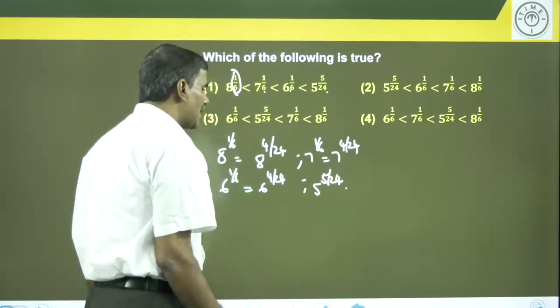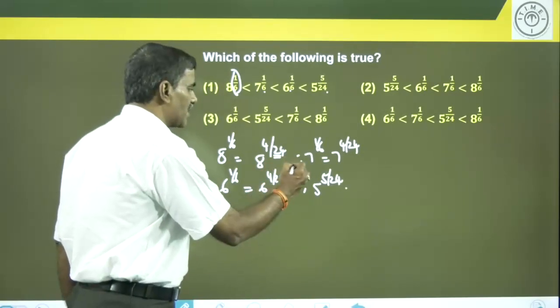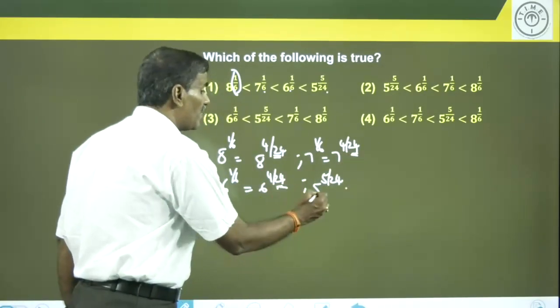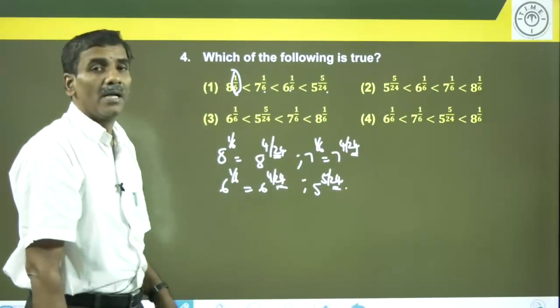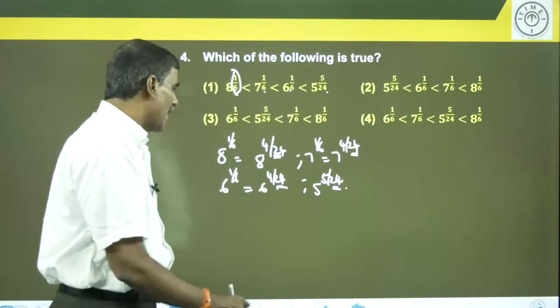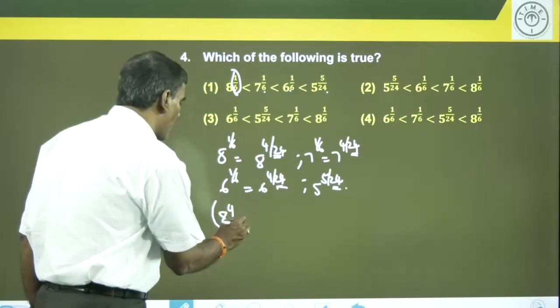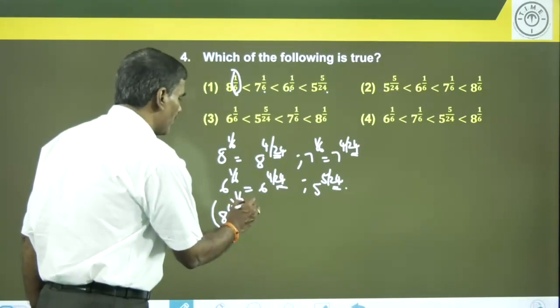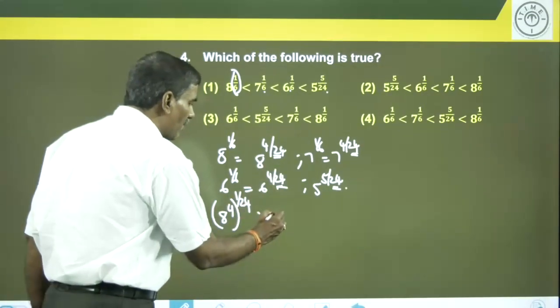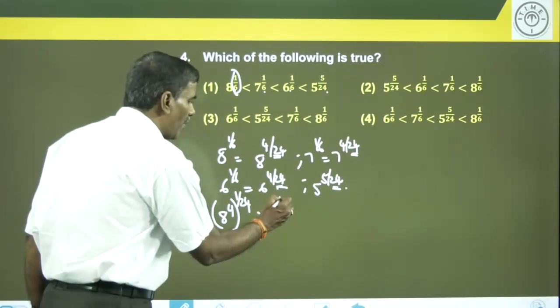Now, in all the cases, the denominators of the fractions will become the same. So we are interested in only considering the powers. 8 power 4 by 24, we can write as 8 power 4 whole power 1 by 24. Similarly, 7 power 1 by 6 we can write as 7 power 4 whole power 1 by 24.